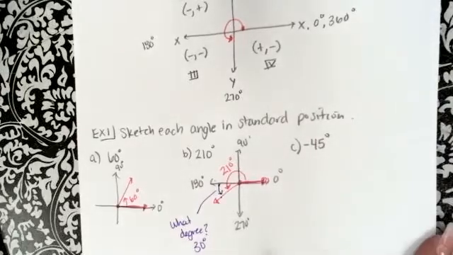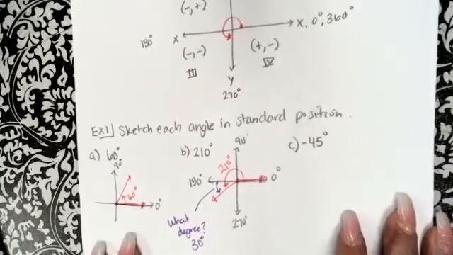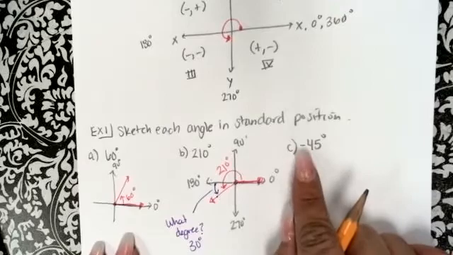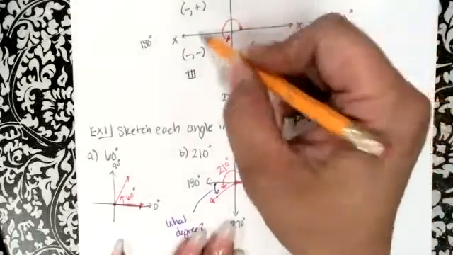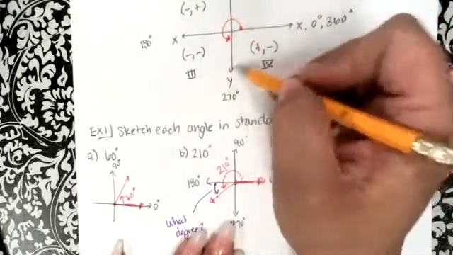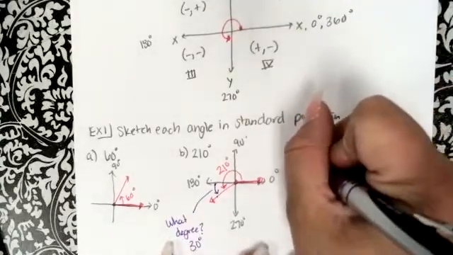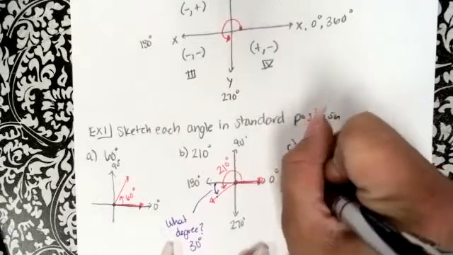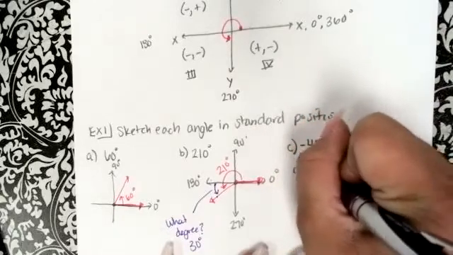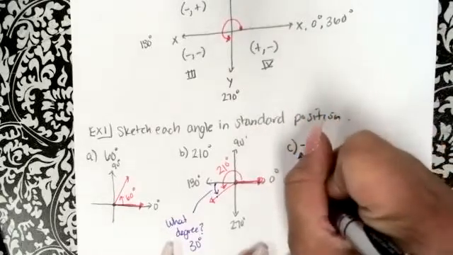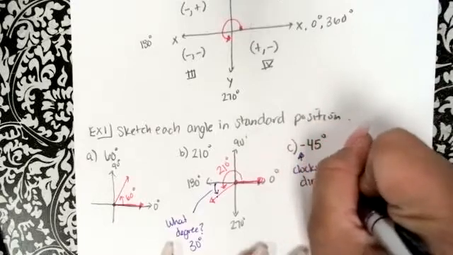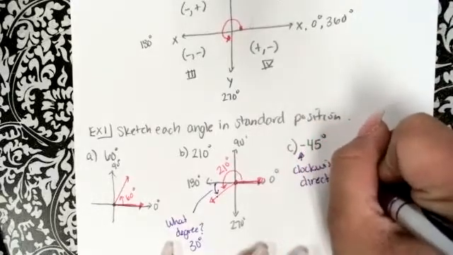On C, we have a negative 45 degrees. Now, the negative means instead of going the counterclockwise direction, you are going to go clockwise direction. So right here, this is going to be clockwise direction. Which means you're going to be wrapping around this way.